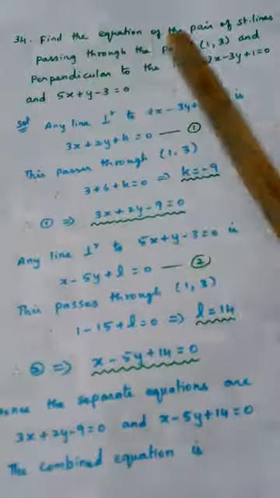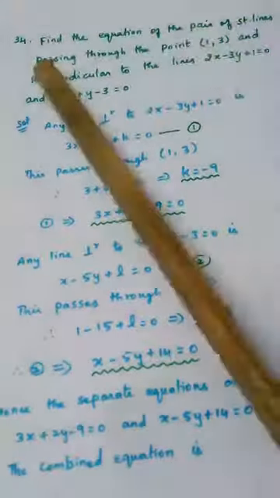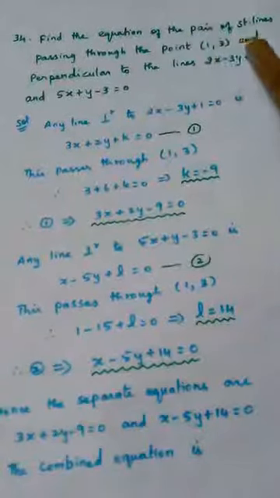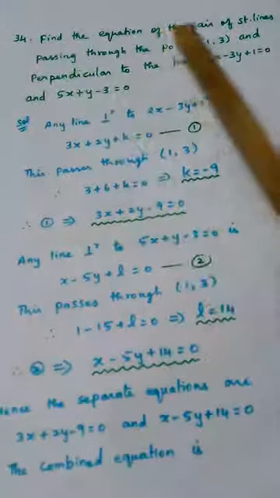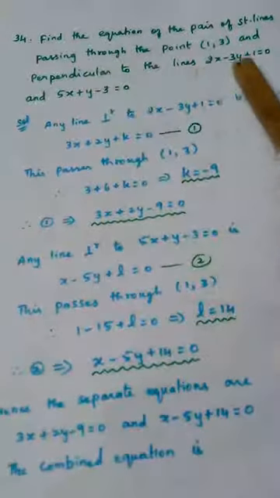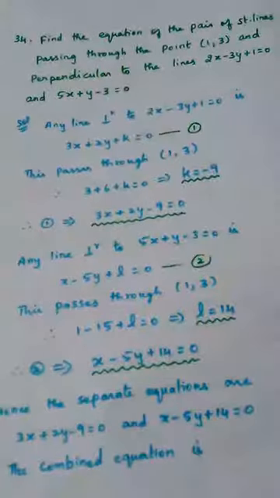We need to find the equation of pair of straight lines, which means we have to find a second degree equation which passes through this point. The pair of lines passes through (1, 3) and pair of straight lines means we will have two lines. The one is perpendicular to this line and the other one is perpendicular to this line. That is what the given question is.